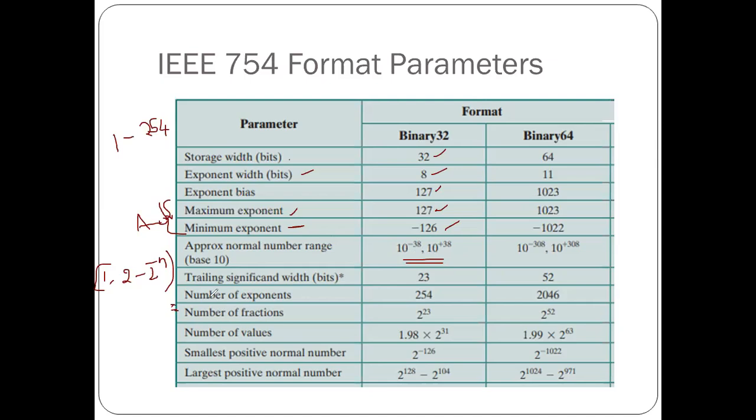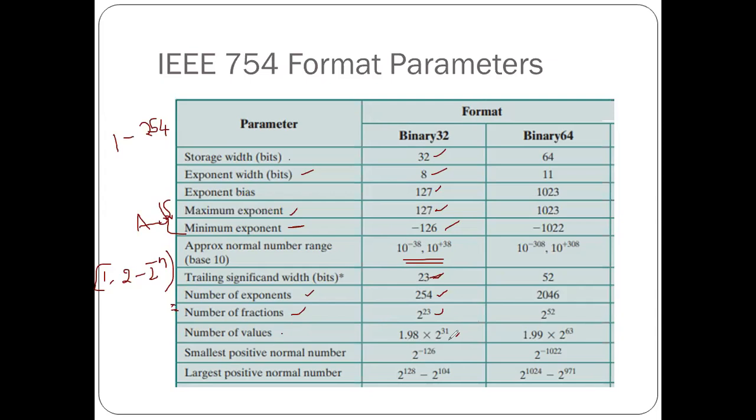The trailing significand width is 23 bits, the number of exponents is 254, and the number of fractions is 2 power 23. Because we have 23 bits reserved, the total number of different fractions is 2 power 23. How many values do we have in this range?